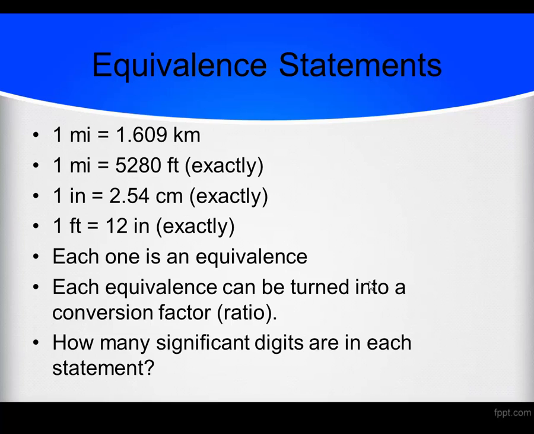It's kind of cool, that works out perfectly. And we know that 1 foot has 12 inches in it. Each of those 4 things is an equivalence statement. Each of these can be turned into a conversion factor, or a ratio, which I'm going to show you on the next slide, that can be used to do dimensional analysis.